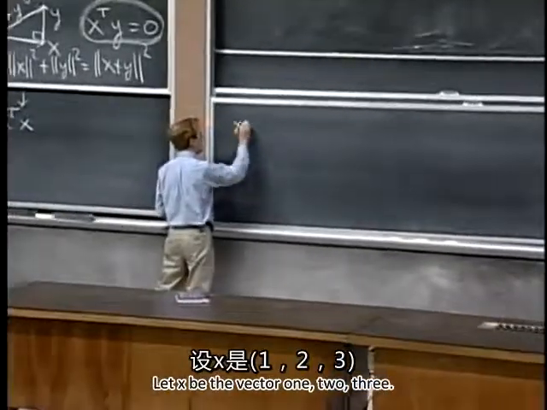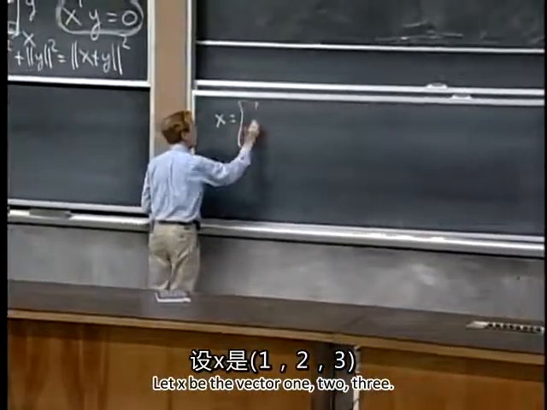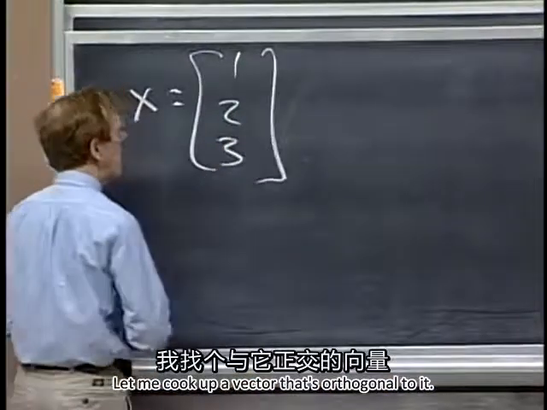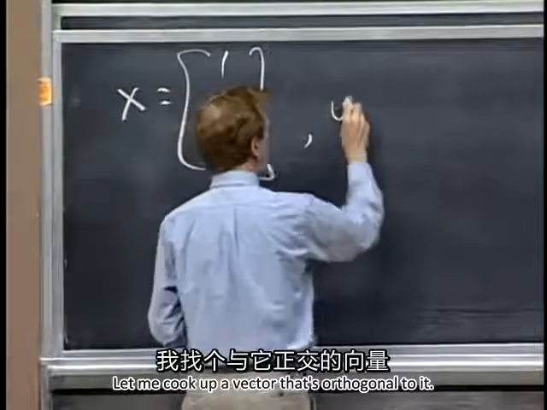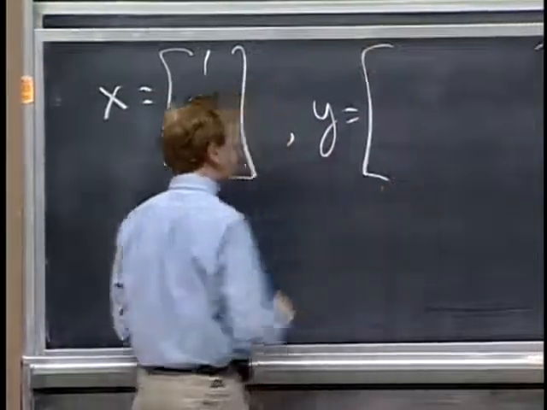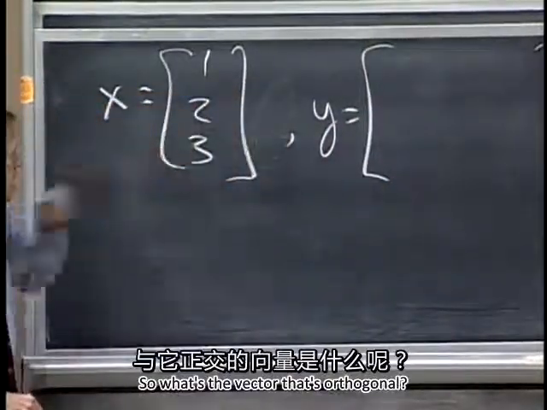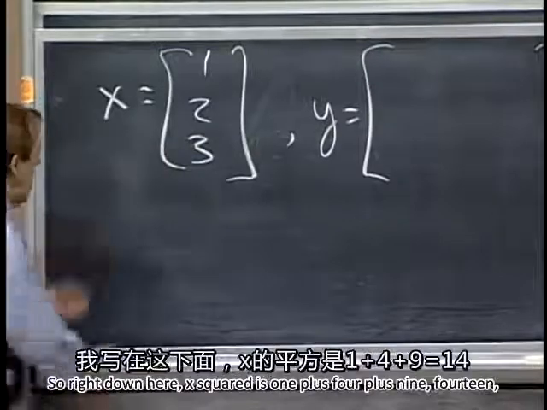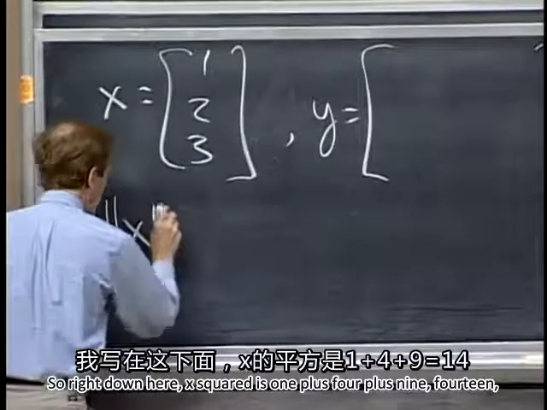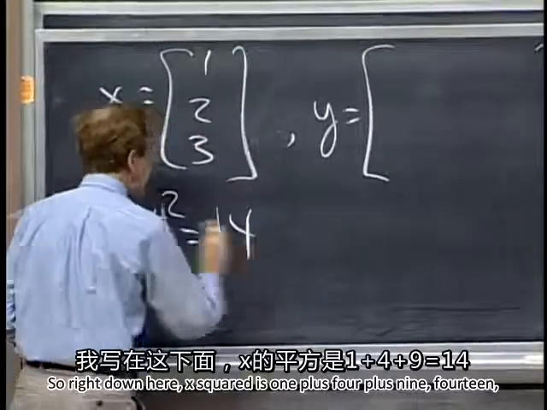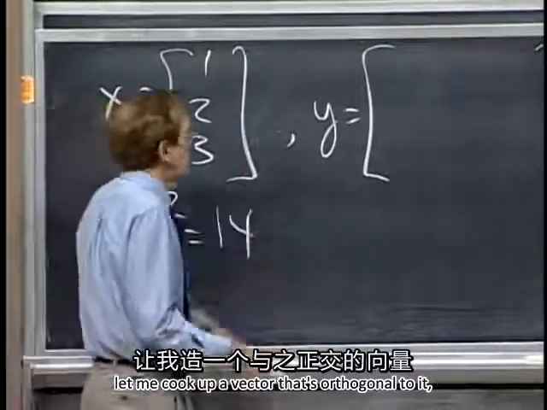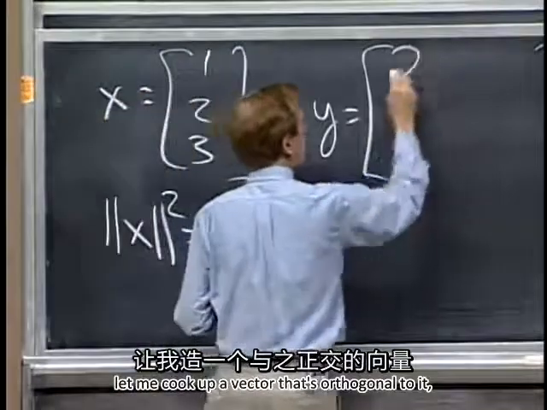Let x be the vector 1, 2, 3. Let me cook up a vector that's orthogonal to it. So write down here, x squared is 1 plus 4 plus 9, 14.